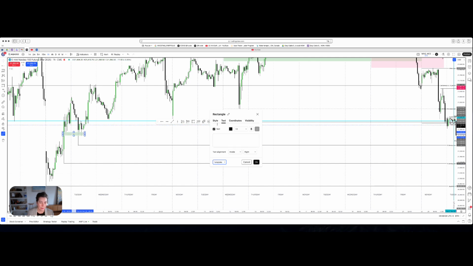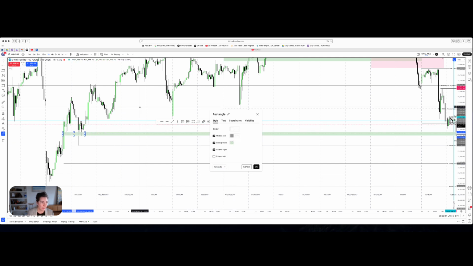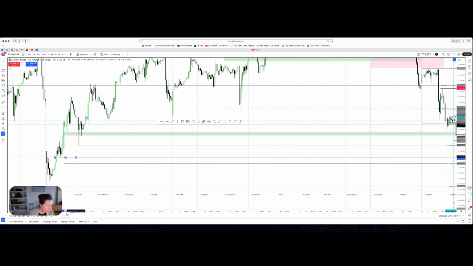And I mark that in green, and we can just extend that right. Again, I'm just going to put that we're on the 1 hour, so I know that these are the higher time frames. The higher time frames are more meaningful than the lower time frames.